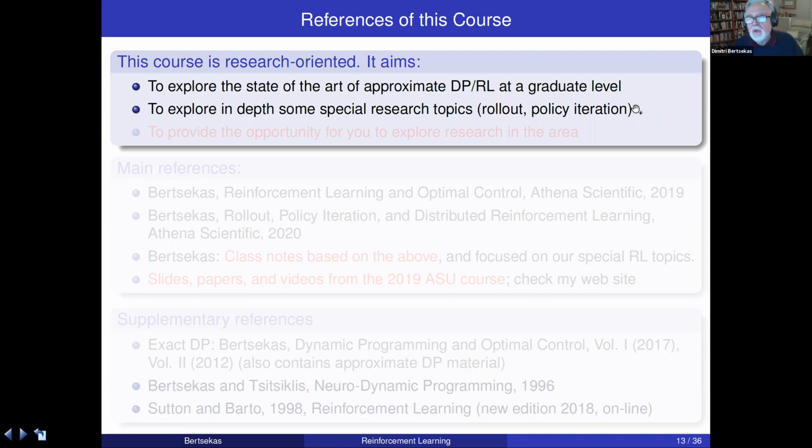We're going to talk quite a bit about them, and others also, including combinatorial optimization. The main idea is to provide you with an opportunity to connect this field with your research interests and to explore research in the area.